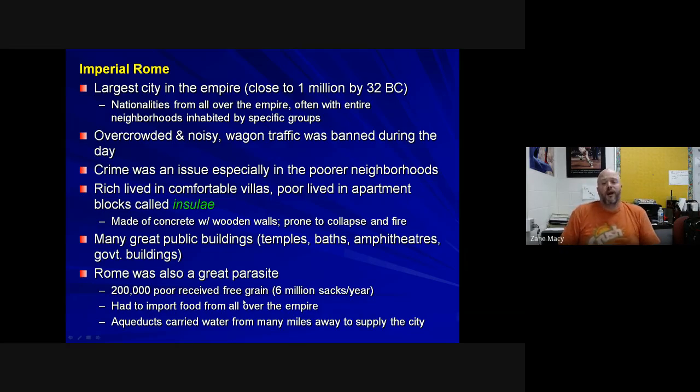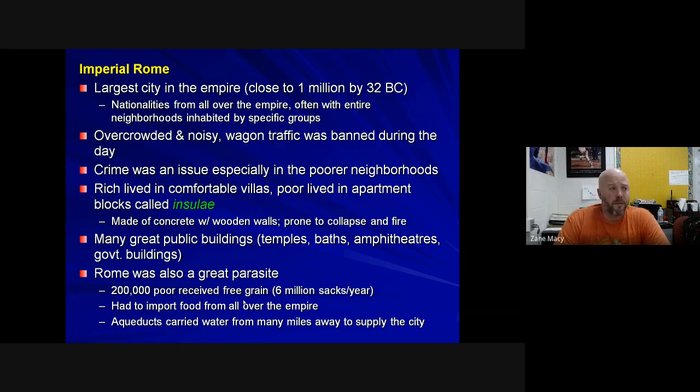Rome itself, when I say Rome was a great parasite, because of the massive population, it consumed so many resources. It definitely consumed more resources than the local area was able to provide. 200,000 poor, not even a quarter, 20% of the population received free grain.